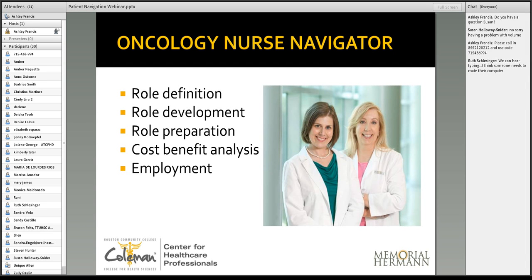The other organization is called the Academy of Oncology Nurse Navigators, Oncology Nurse Plus Patient Navigators. They've recently changed their names to further embrace patient navigators, community health workers, etc. Now, I will tell you that their annual meeting is coming up September 18th to 21st in Orlando, Florida. Basic registration fee is $450.